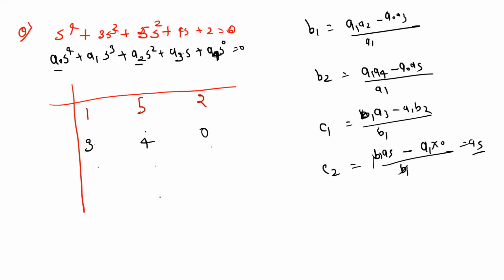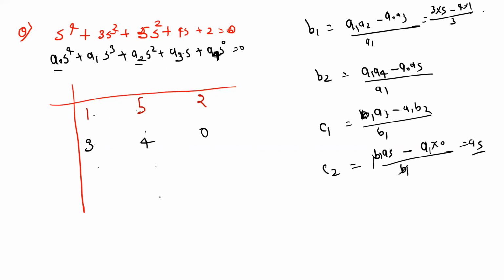Now this one is C1, so C1 is B1 A3, right? B1, sorry, B1 we have to calculate. B1 is equal to A1 A2 minus A naught A3, so 15 I can write here, that is 3 into 5 minus 4 into 1, divided by 3.